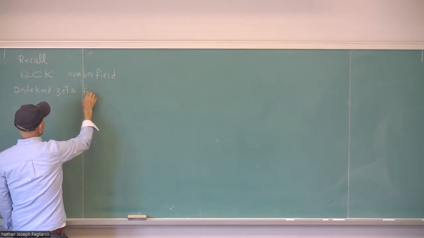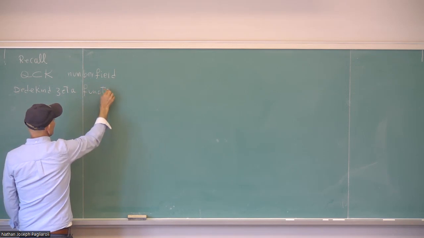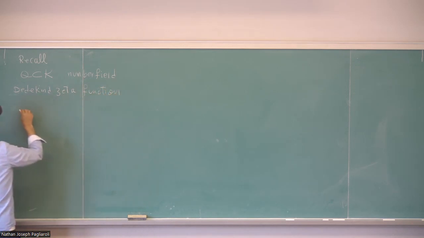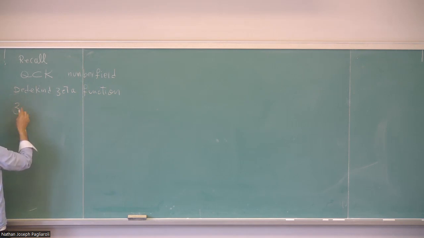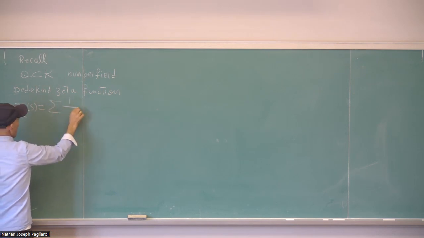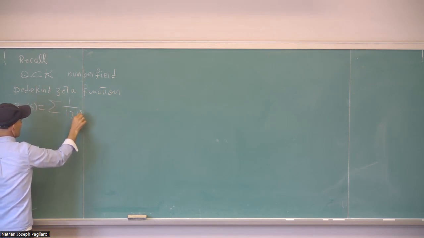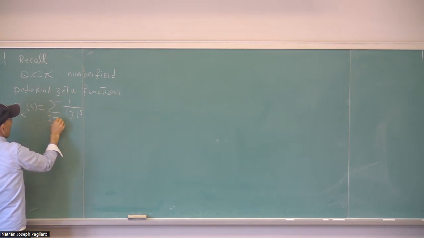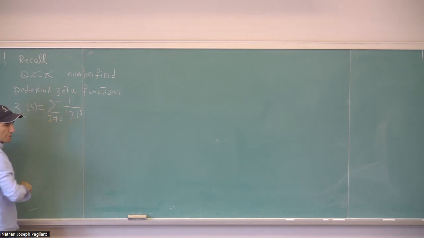Right? It was defined, you remember, by this. So the notation is that zeta K of s is equal to the sum of 1 over the norm of I to the power s, where the summation is over non-zero ideals.